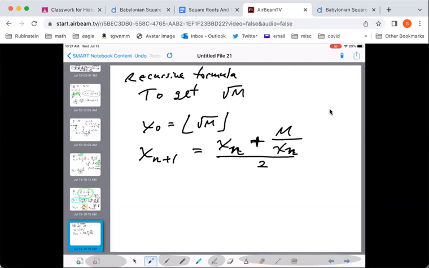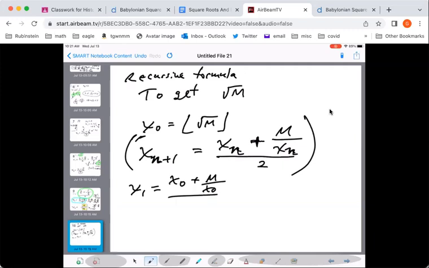This is just a fancy way of saying it. If you don't like that, I'm going to go like this: x1 is x0 plus m over x0, over 2.